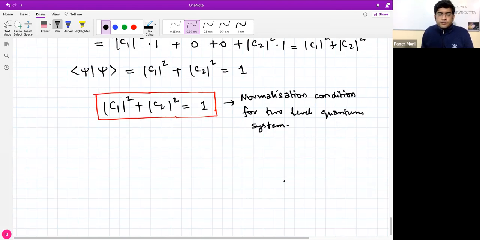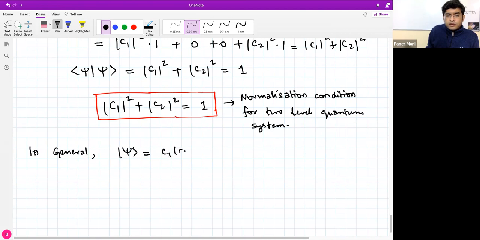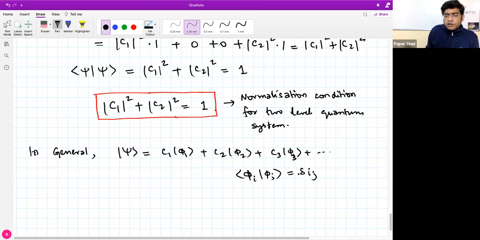Now, in general, if we have a big superposition state containing n states, psi is equal to c1 phi 1 plus c2 phi 2 plus c3 phi 3, and this goes on. We are considering that all the phi i and phi j are orthonormal. This condition is a must.